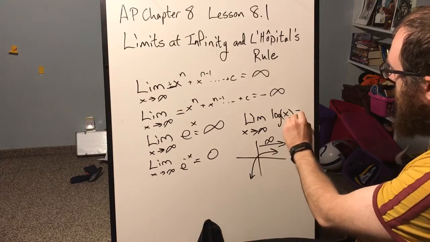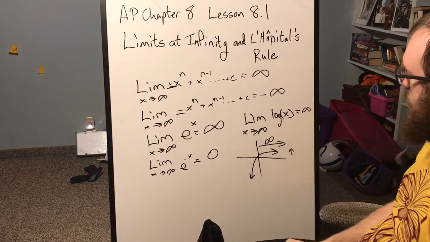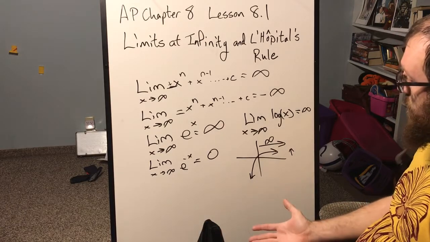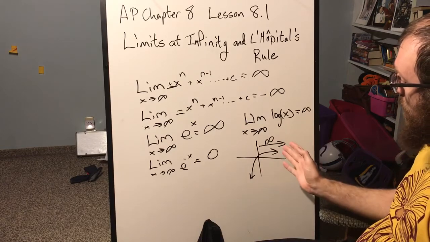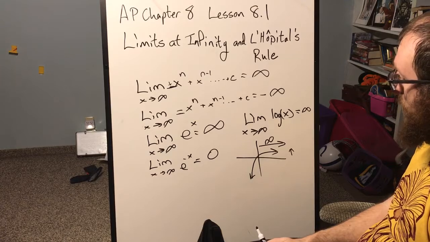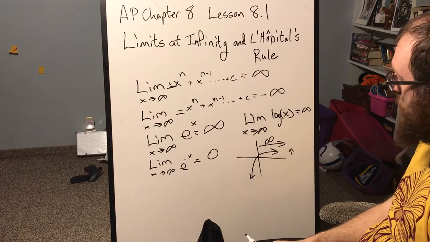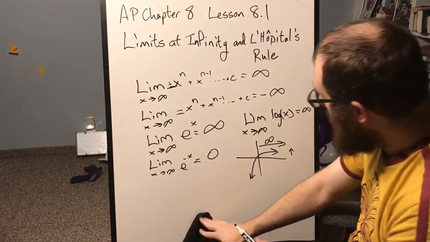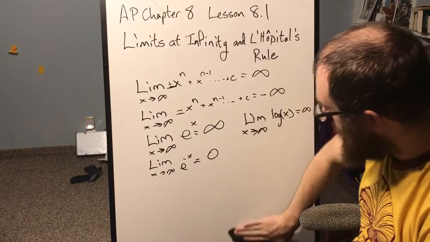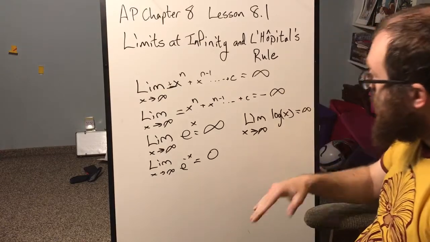So this is in fact headed toward infinity. Again, if you had the opposite of that, a negative log, it would flip and go downward rather than upward. Hopefully all of that makes some good sense.